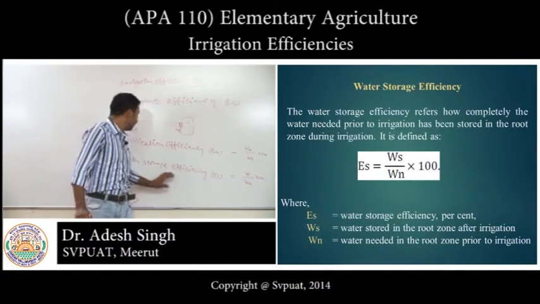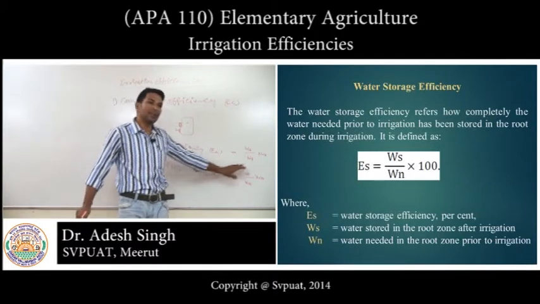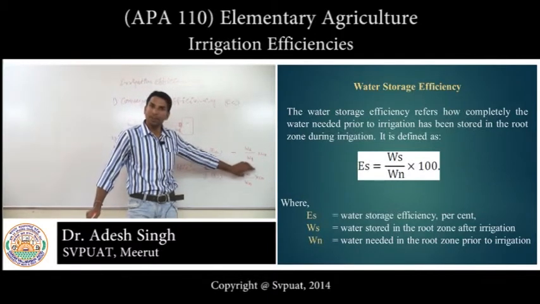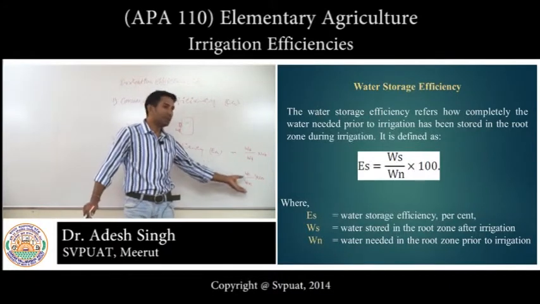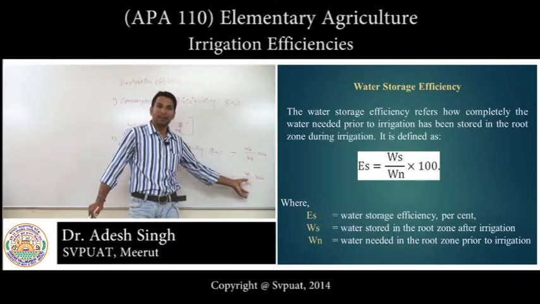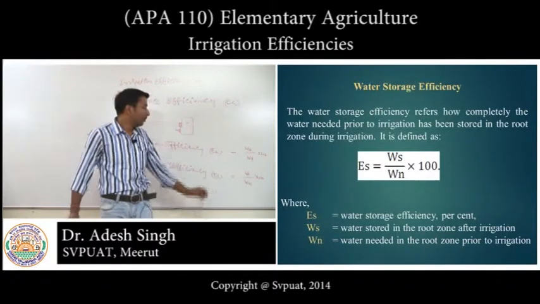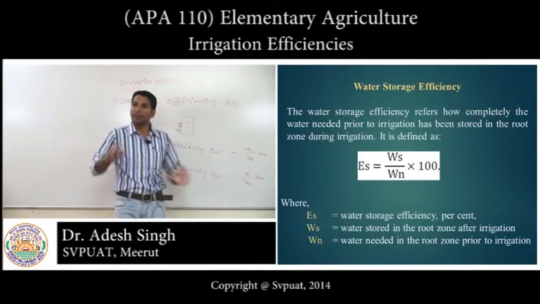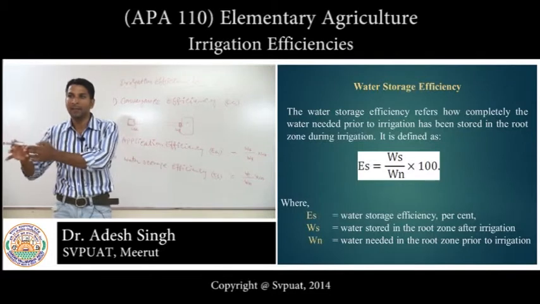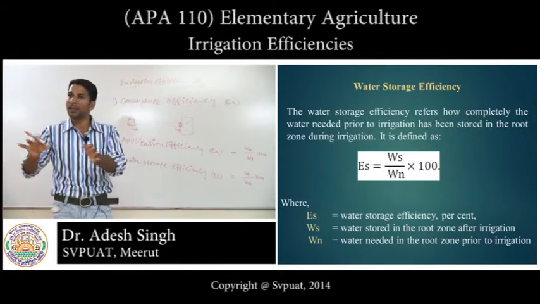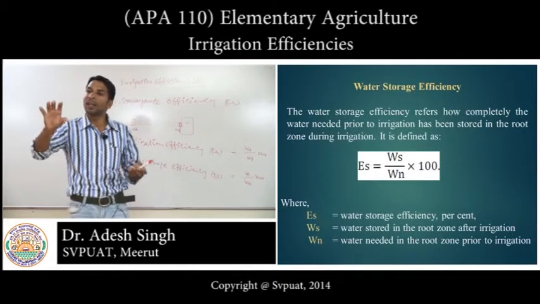the water storage efficiency is the percentage ratio of the water stored in the crop root zone to the water needed prior to the irrigation. This is the stored water which is actually stored in the root zone, but if the soil was previously dry, before irrigation, the requirement was quite high but storage is less.